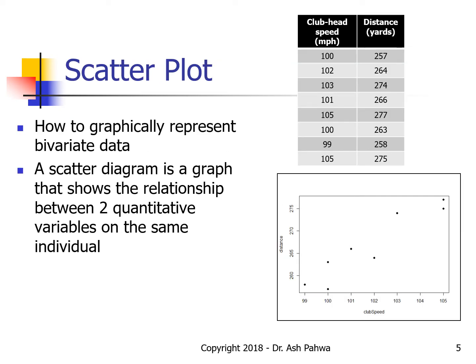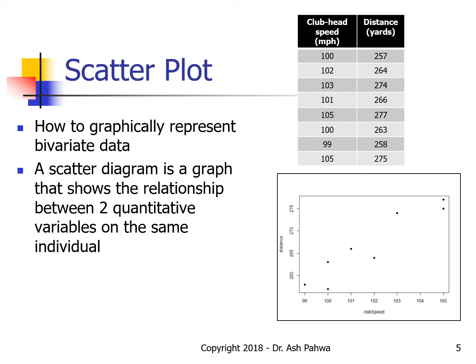This is indeed the foundation of predictive analytics. So let us take an example. Suppose we have this observed data in which we have the speed of the golf club when we swing it. The second set of known data is the distance the ball will travel if we hit it at a certain speed. So if our swing speed is 100 miles per hour, we observe that the distance it travels is 257 yards.